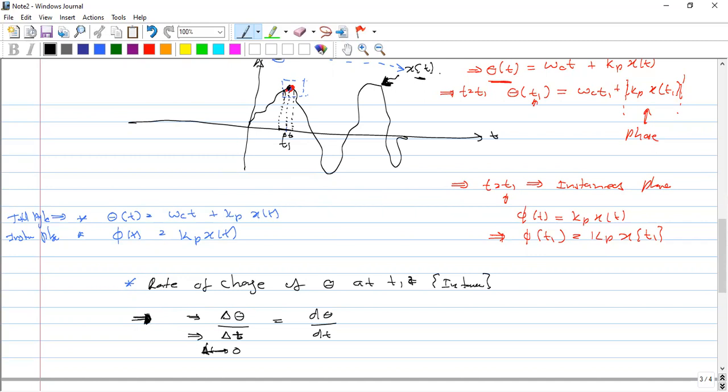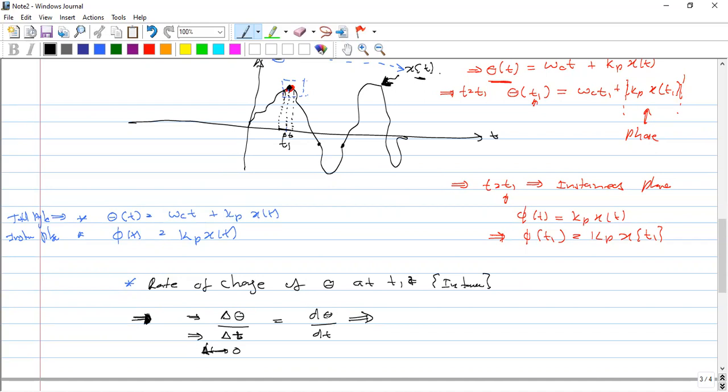So if you want to find the rate of change at any point, what you have to get? You simply have to get the derivative, d theta by dt, okay? Then you can find the rate of change.